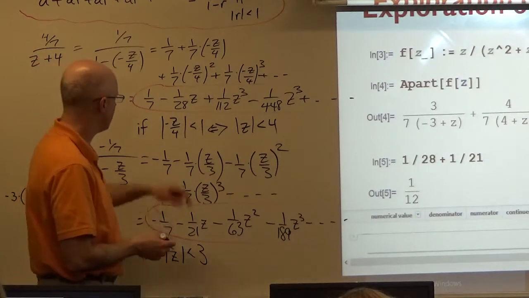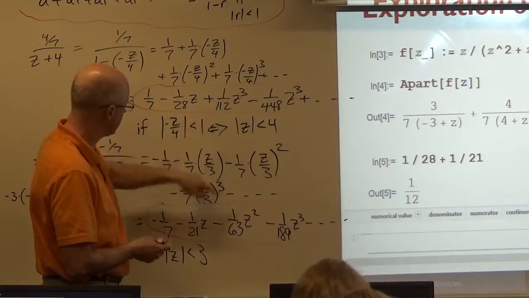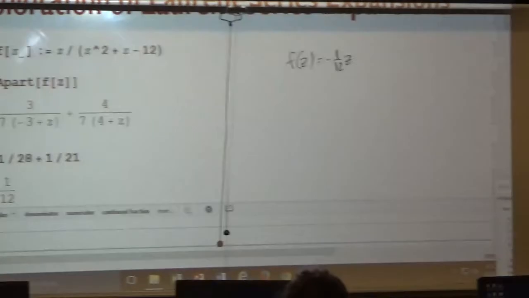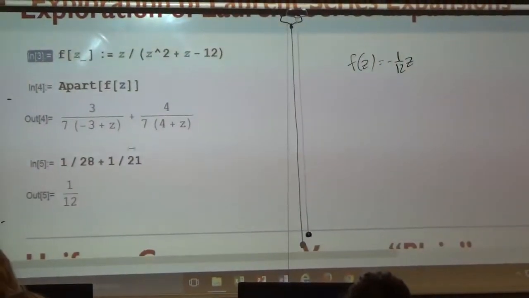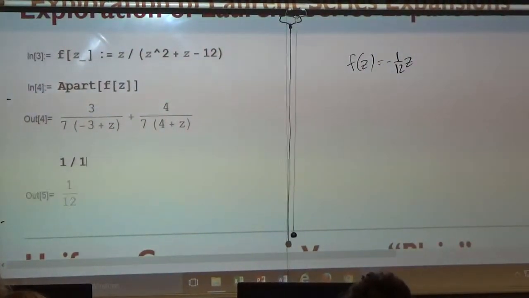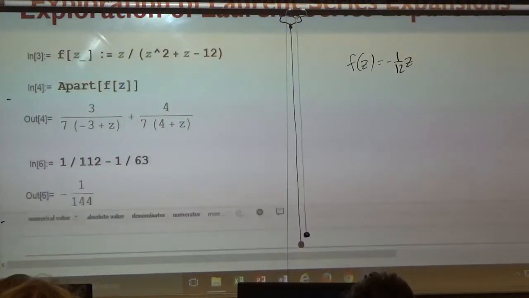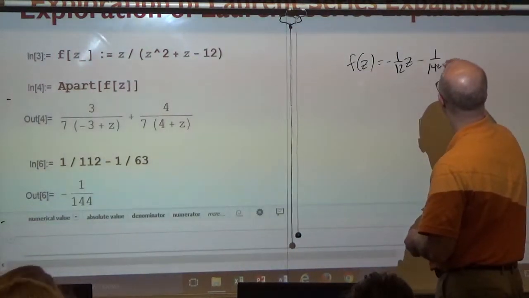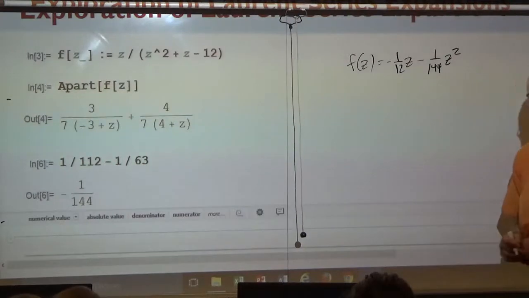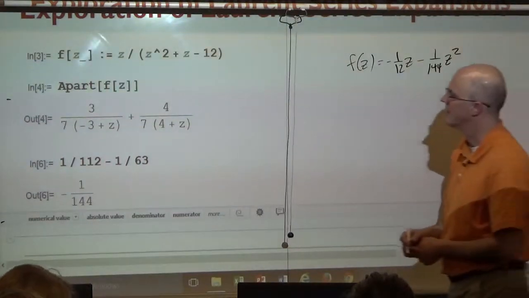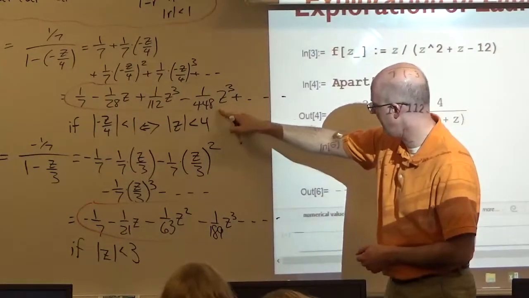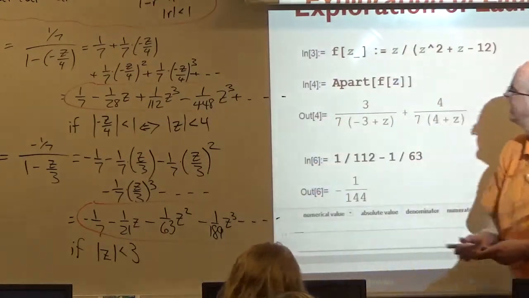Next one, I've got 1 over 112 minus 1/63. 1 over 112 minus 1/63, negative 1 over 144. That's the z squared term. Let's go one more. What about the cube term? Negative 1 over 448 minus 1 over 189.